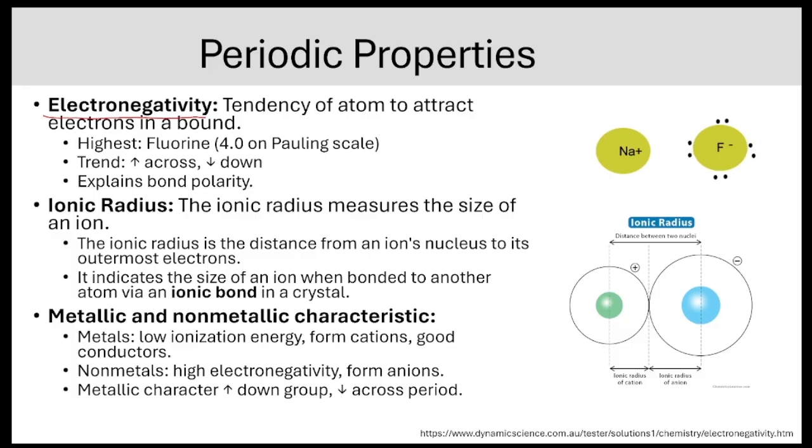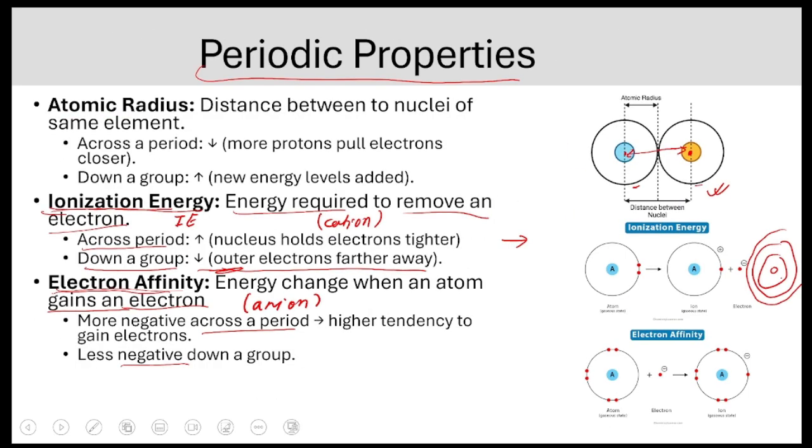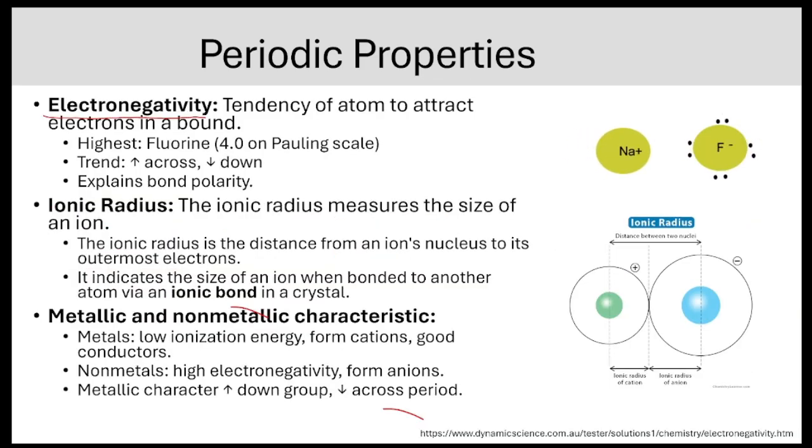The trend of electronegativity in the periodic table is similar to ionization energy.